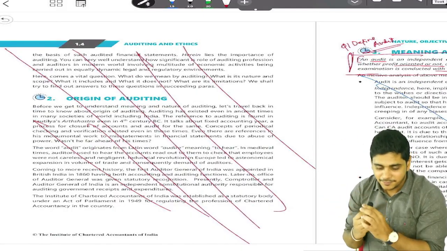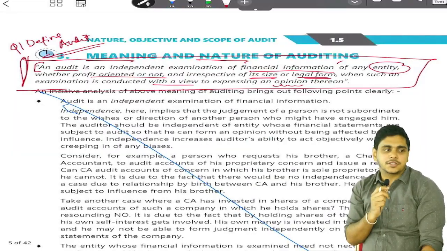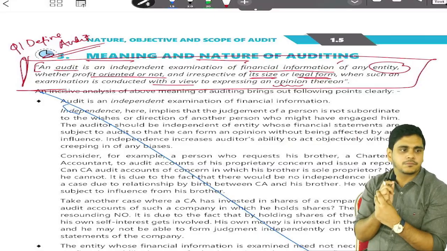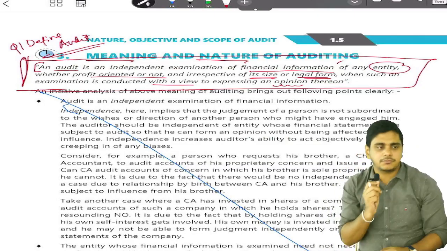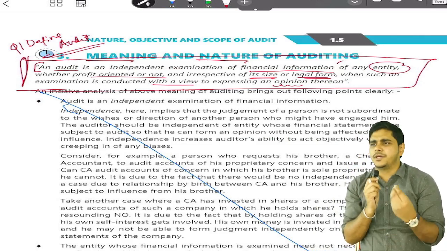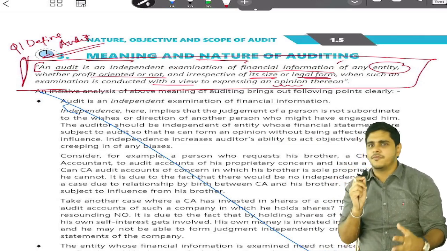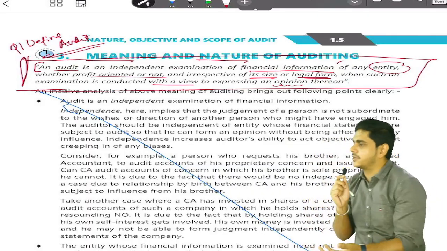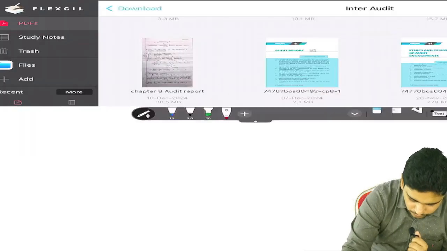Now we start basically from here, that's page 1.5. It says basic meaning and nature of audit. It's a very normal, easy chapter wherein we talk about what is audit, what are the advantages, what are the disadvantages, who does the audit, why do we do the audit.